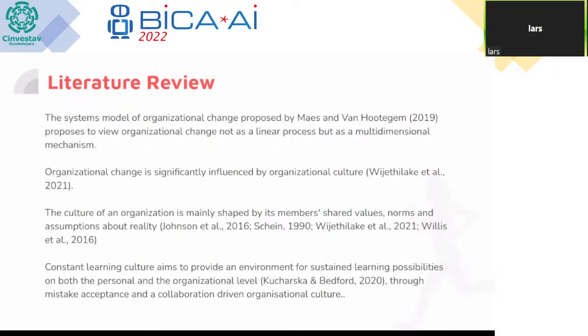For that, we conducted a literature review, where we found that there is right now a systems model of organizational change proposed by Maas and van Hootegem that sees organizational change not as a linear process, but as a multidimensional mechanism in which an organization adapts to its influences. Organizational change is hereby significantly influenced by the organizational culture, or how the organization deals with new input.